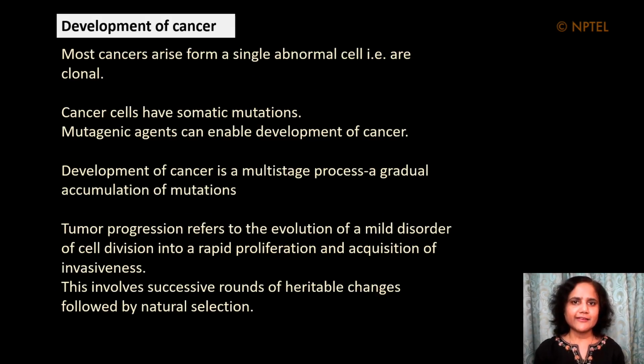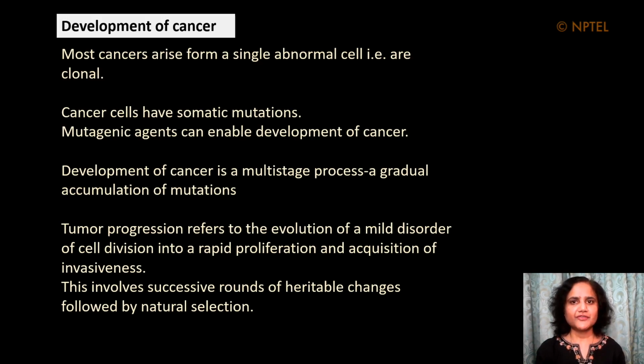Most cancers arise from a single abnormal cell, that is, they are clonal. Cancer cells have got somatic mutations. Mutagenic agents can enable the development of cancers, and the development of cancer is a multi-stage process resulting from a gradual accumulation of mutations.